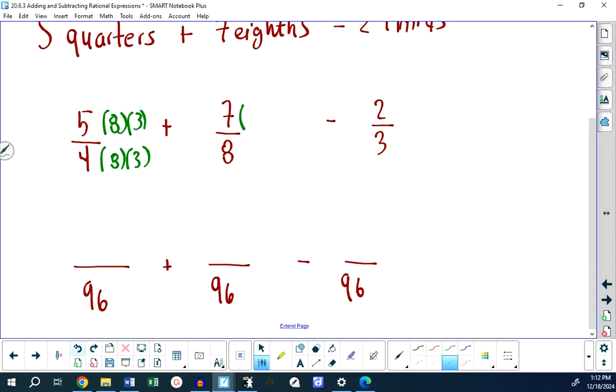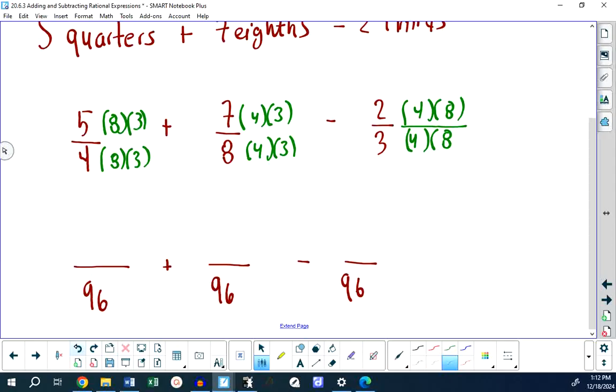The top and the bottom of this by 4 and by 3. The top and bottom of this by 4 and by 8. And these would all be over 96, and then they would proceed, right? But 24 is the lowest common denominator.